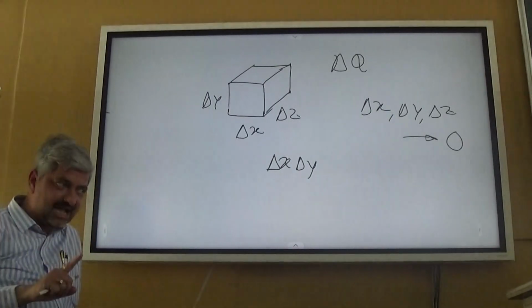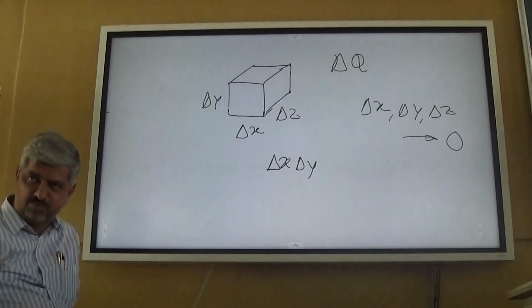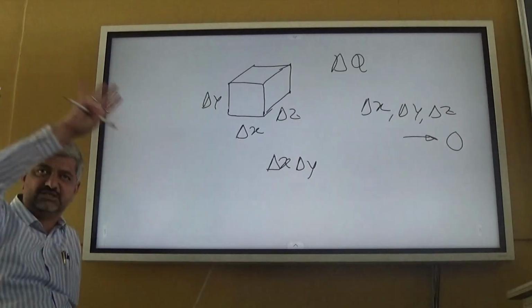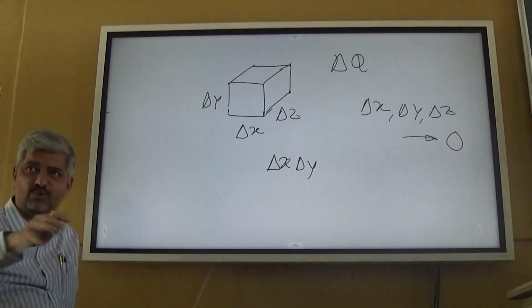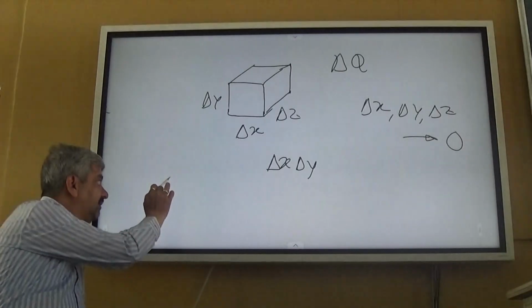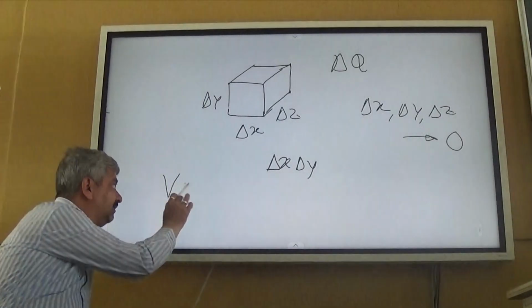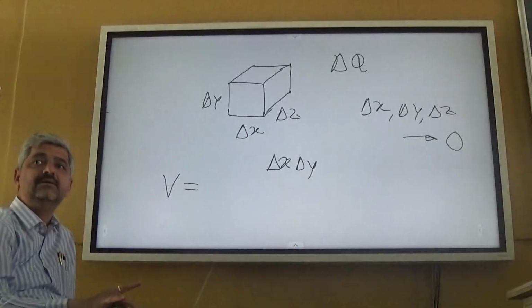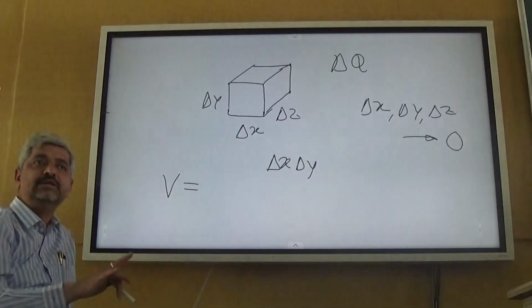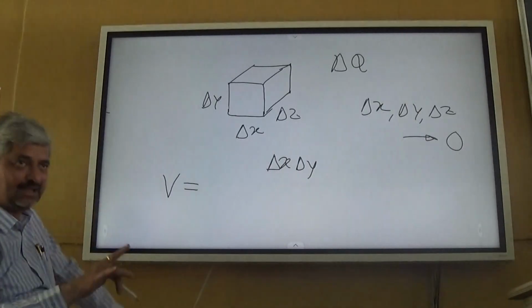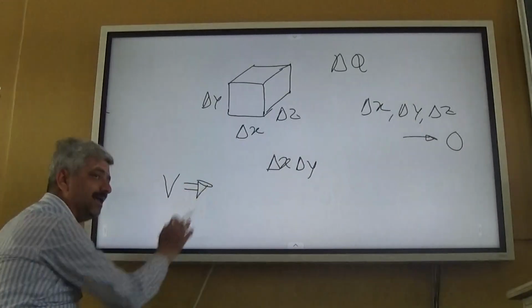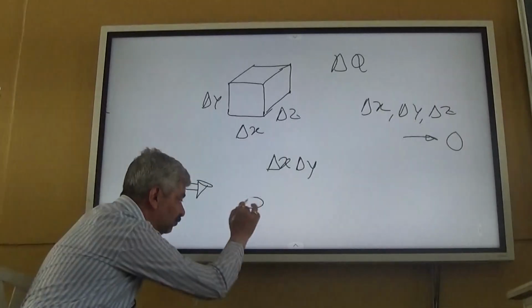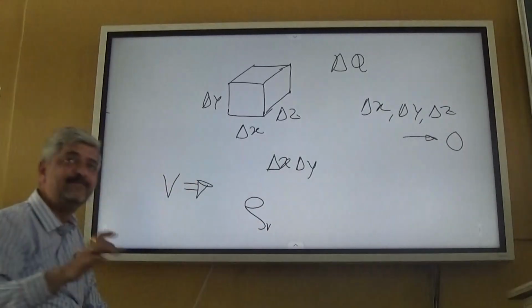The electric charge is not present in point form. It is throughout distributed over the given volume. So if in a volume V, the total charge in a given volume is to be arrived at by rho V. What is rho V?